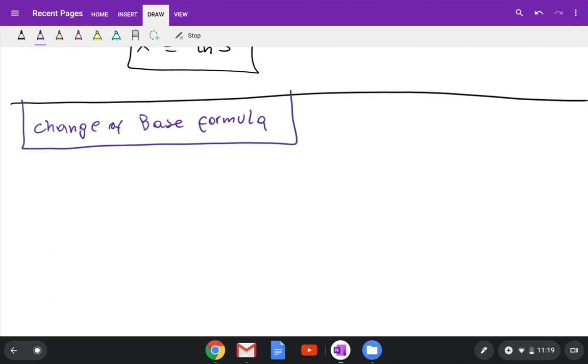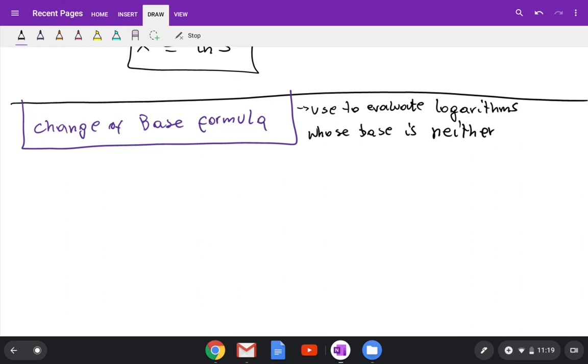So we're using this formula to evaluate logarithms whose base is neither 10 nor e.